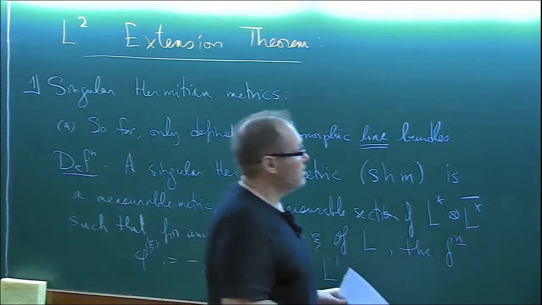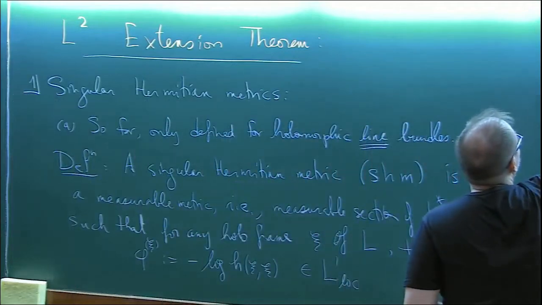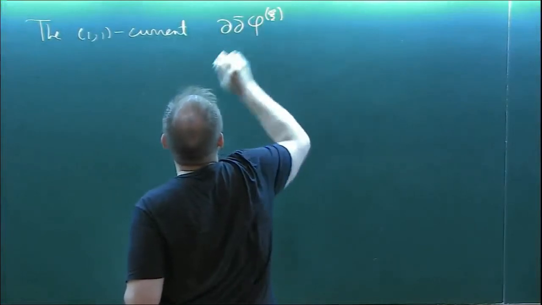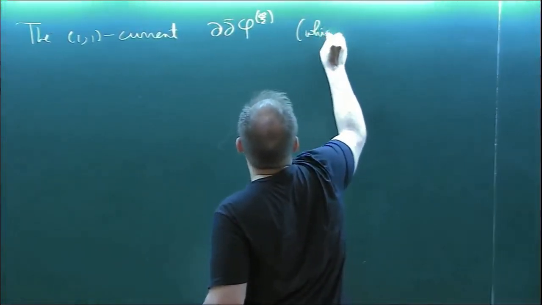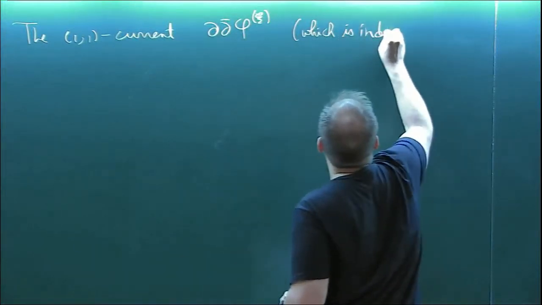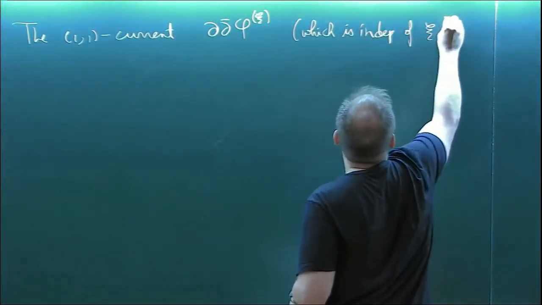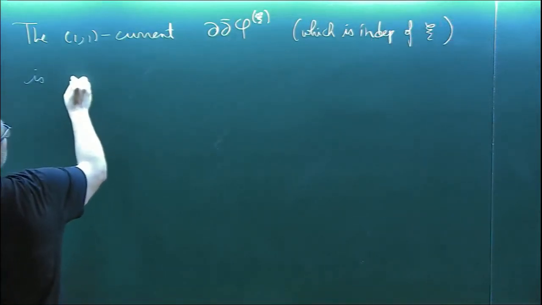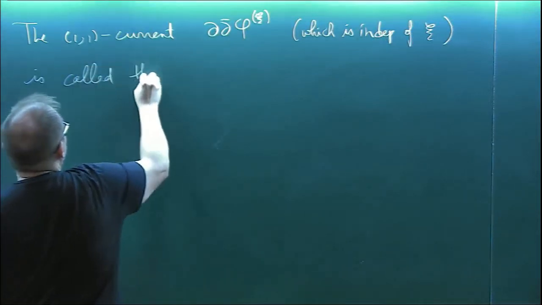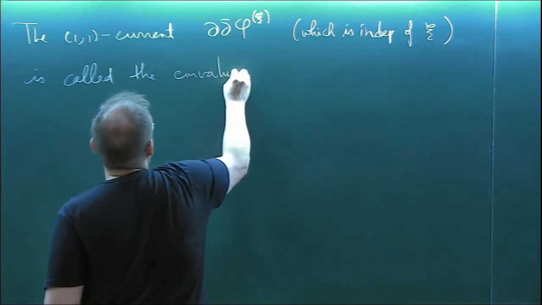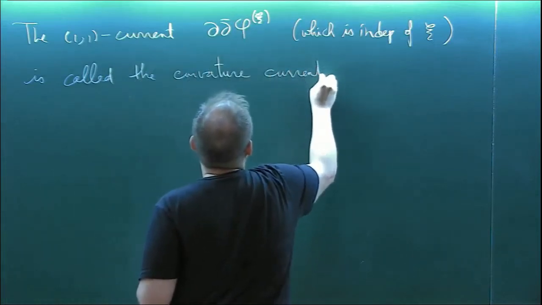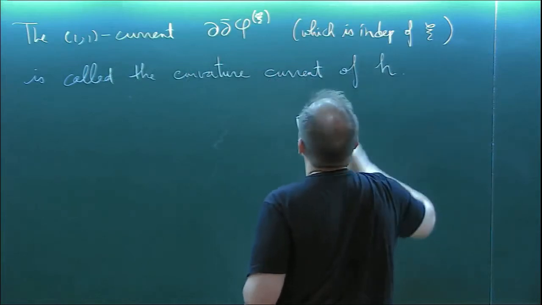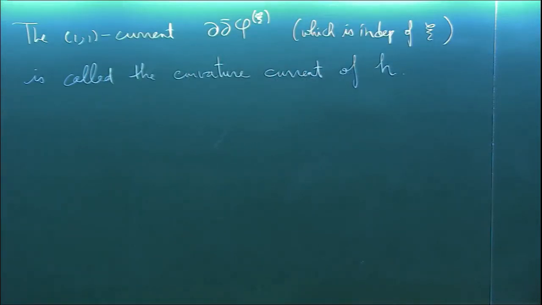And so the 1,1 current, dd bar phi ξ, and this current is independent of the frame that you choose, is called the curvature current of h. So if h were a smooth metric, then this would be exactly the curvature 1,1 form.